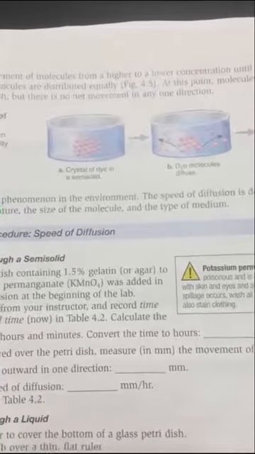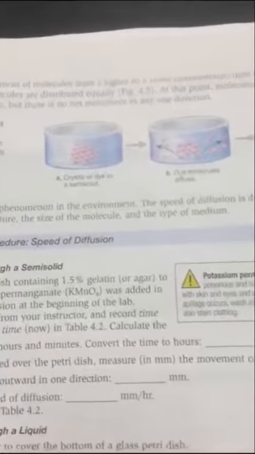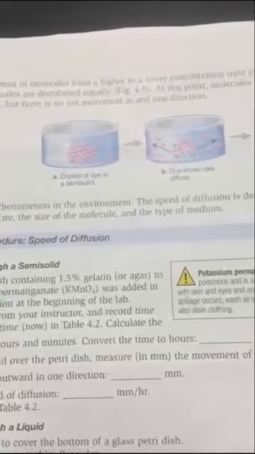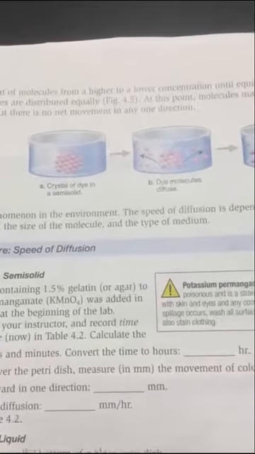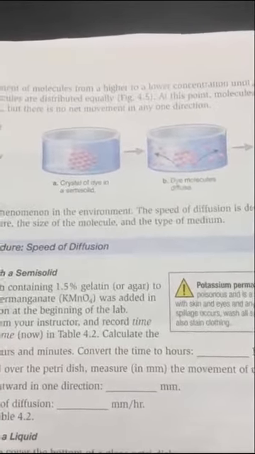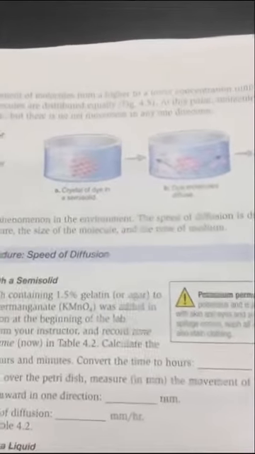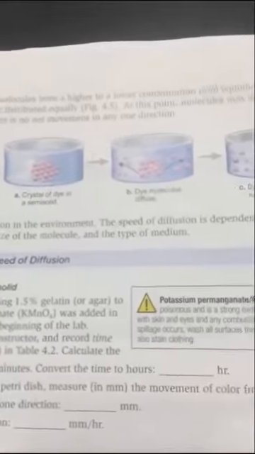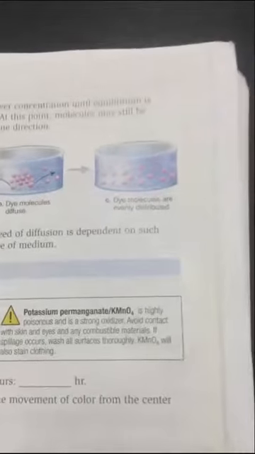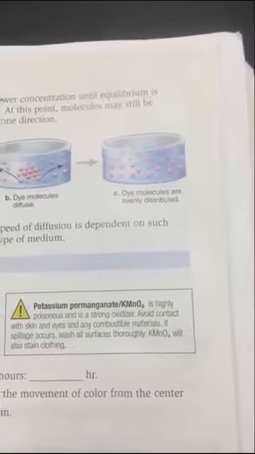And in the center of that, those are the red spherical structures, and then over time the dye begins to spread out into the areas where the concentration is low or where there isn't any of that dye, and eventually they're equally distributed, so it does reach an equilibrium at some point.